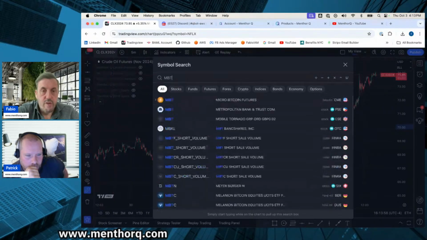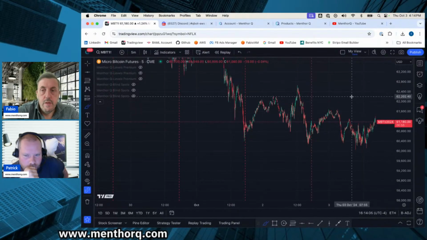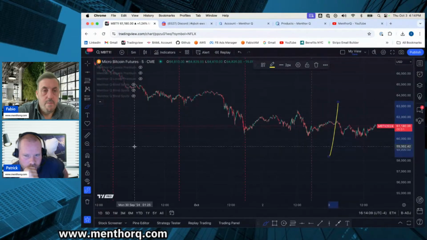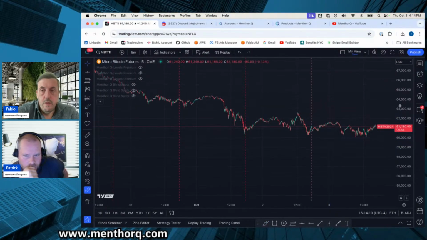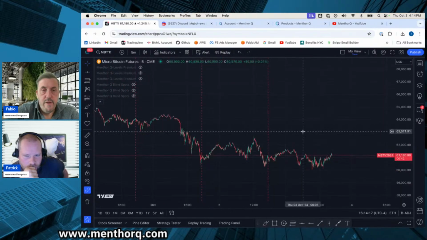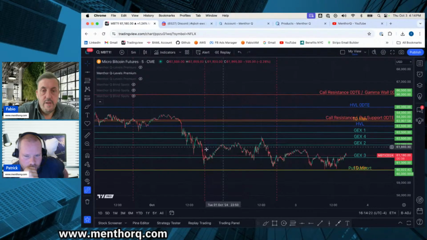And then we can also do similar activity on the Bitcoin future. So right here, today was a very ranging day. This was yesterday, trading in a range from Jax3 all the way to Jax4 and down.